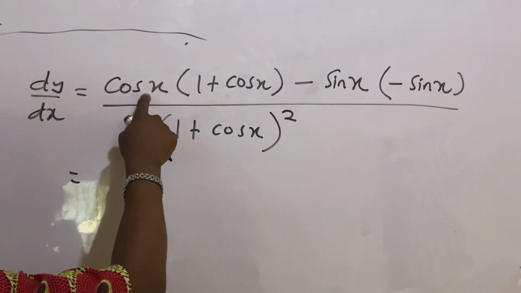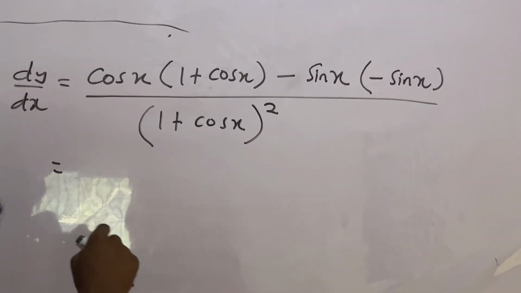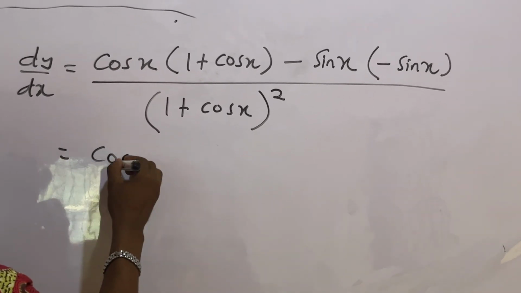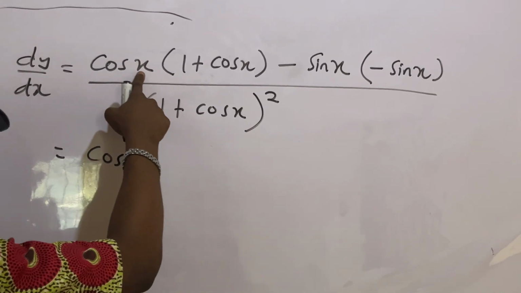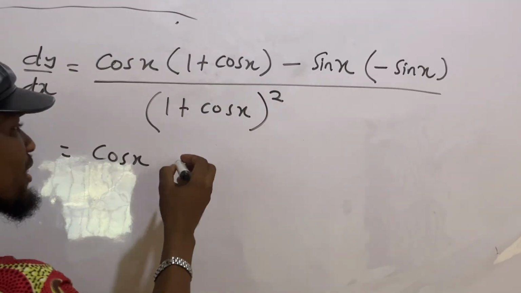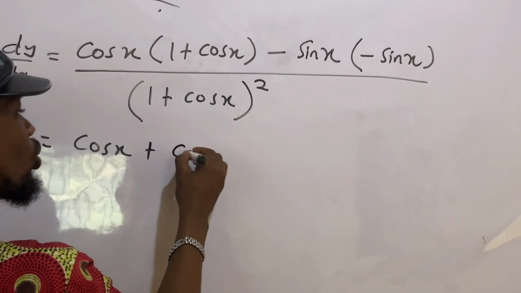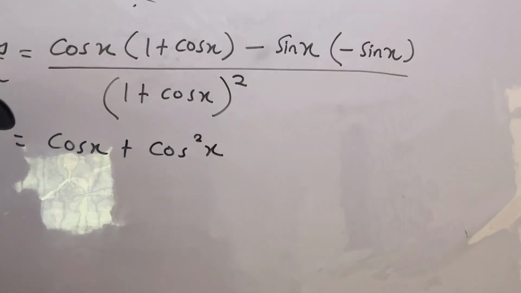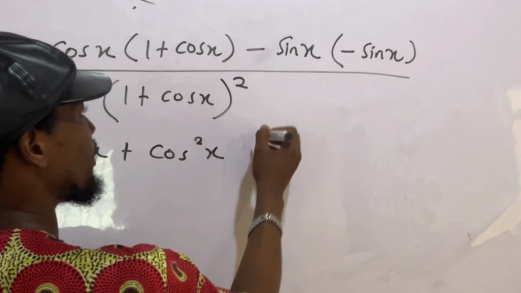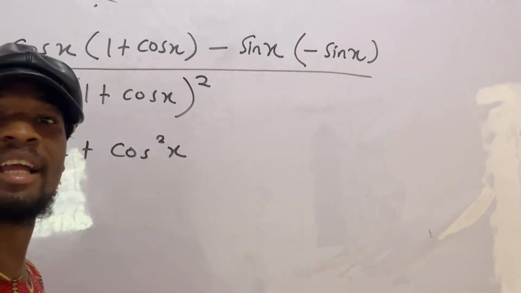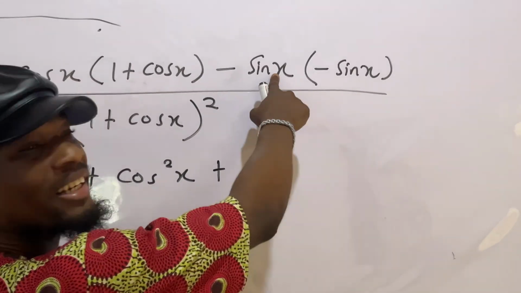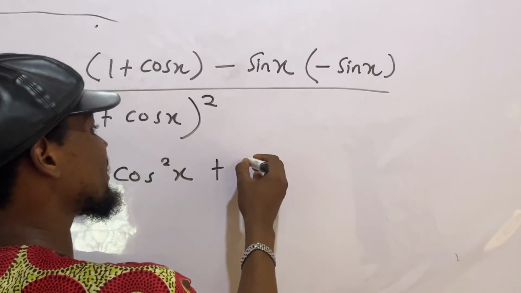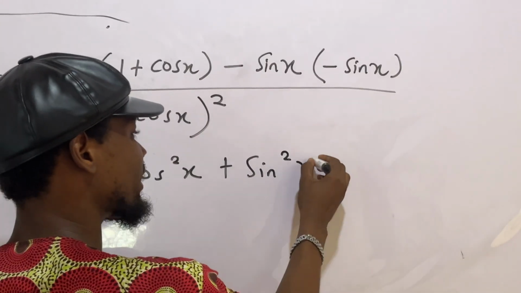This is it. So viewers, let us expand to remove the bracket. I have cos x times 1 is cos x. Now cos x times cos x is cos squared x. Then minus negative times negative is positive, so I have positive sine x times sine x, which is sine squared x.